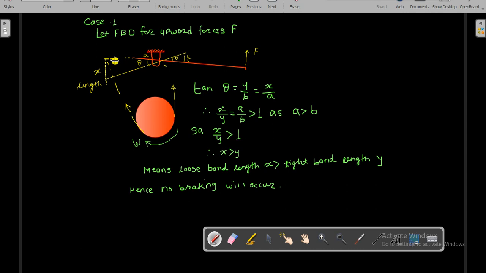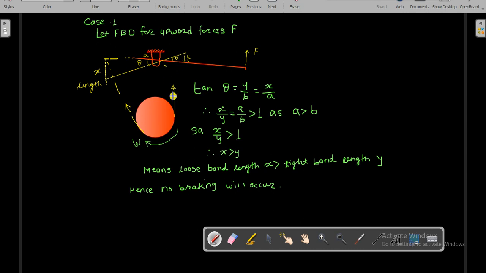Then the distance from the line of action of this tension to the fulcrum is A, and similarly the distance from the line of action of this tension to the fulcrum is B. In this first case we are assuming the direction of the external applied force is upward. Now assume that we push or pull this lever upward, then what will happen?